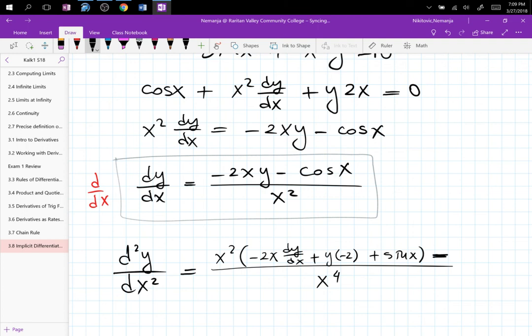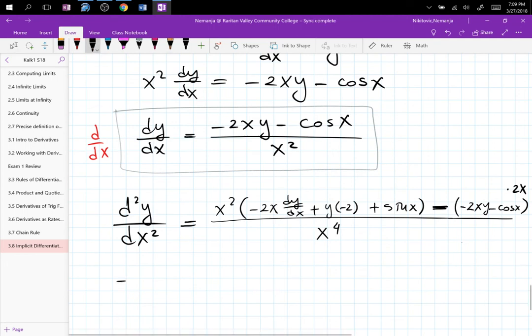Now we go minus for the quotient rule. And then we copy the top times the derivative of the bottom. So we have negative 2xy minus cosine x, and then times 2x as a chain rule, the derivative of the bottom.